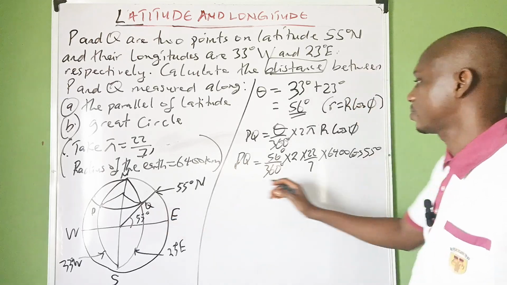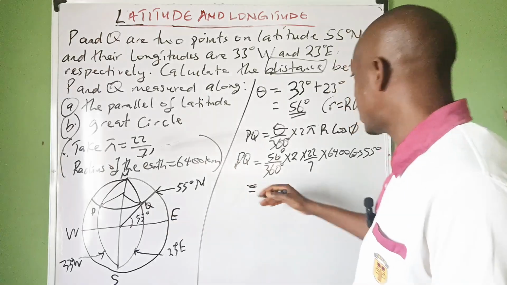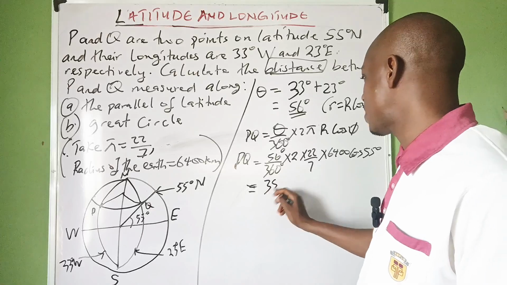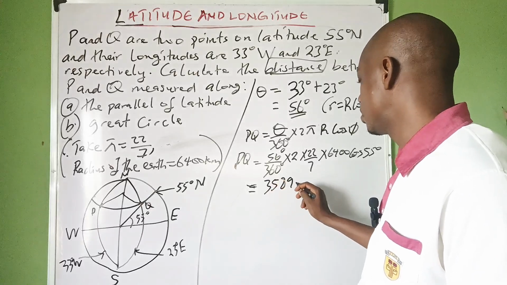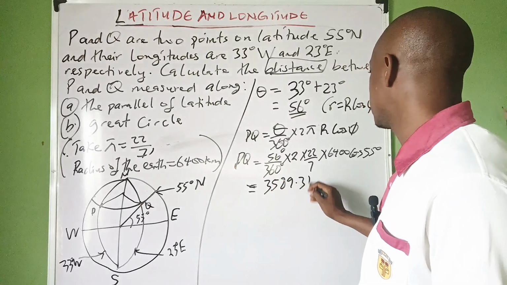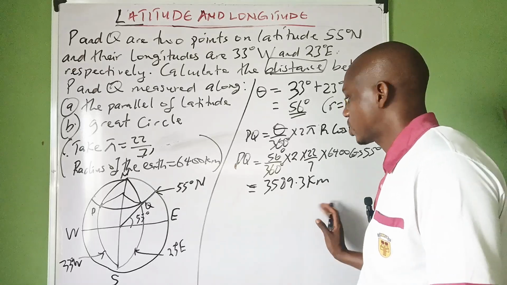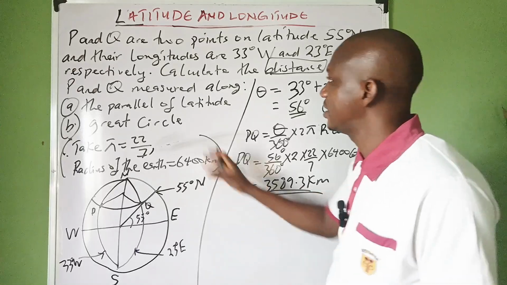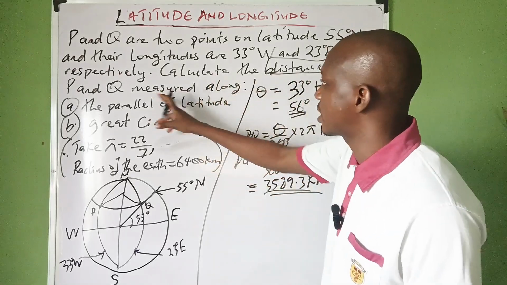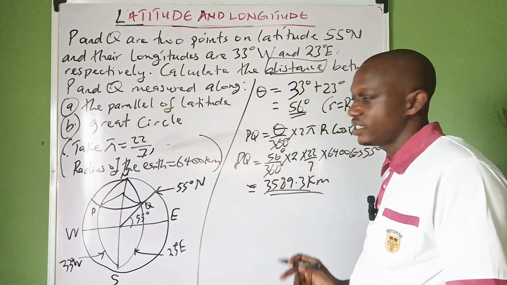So the answer here will be 3,580.3 kilometers. That is the distance between P and Q measured along the parallel of latitude.